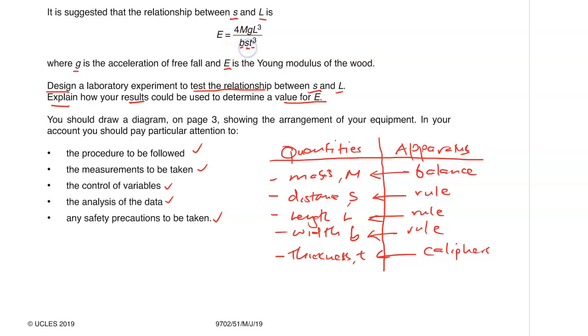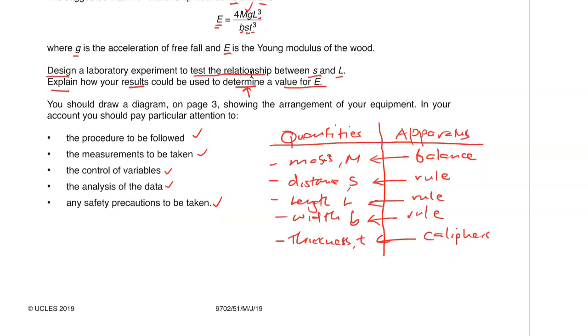We have S, we have T, we have L, and we have M. g is a constant, and the Young modulus, we are supposed to determine it. We don't measure Young modulus. After you measure all these other quantities, then we can use them to determine the Young modulus. Determination is basically calculation.